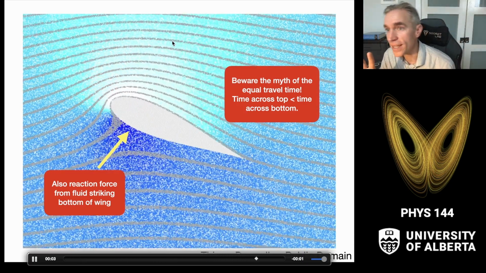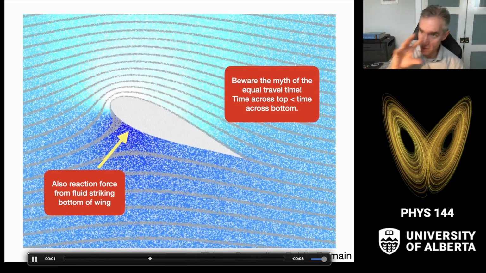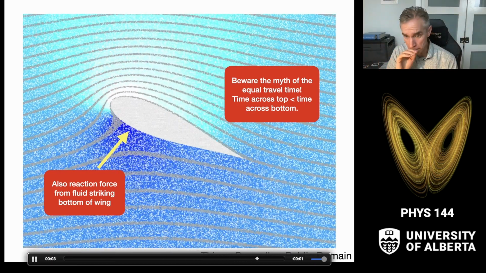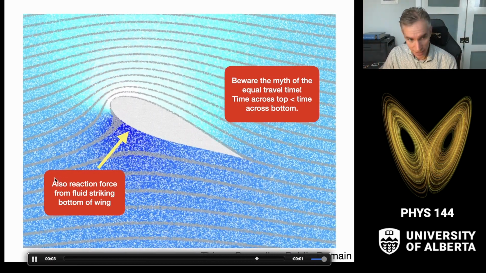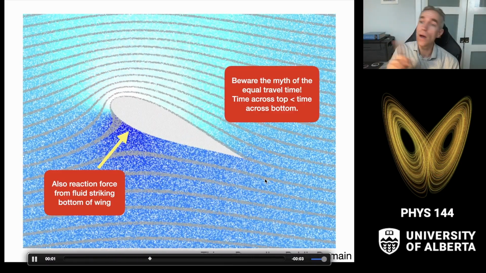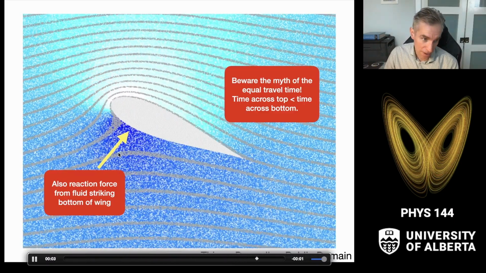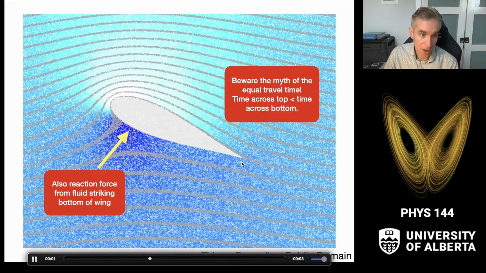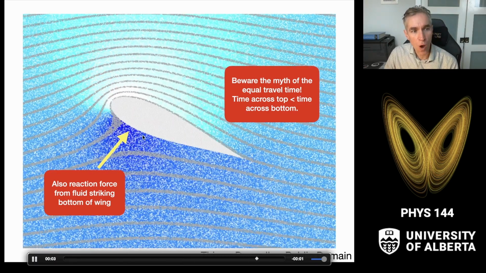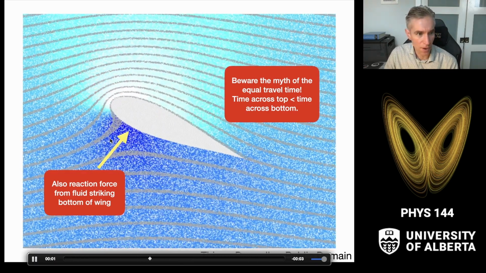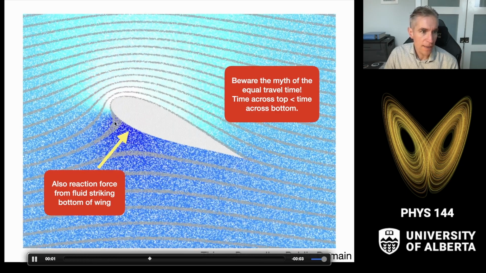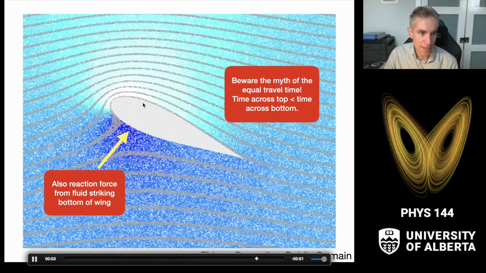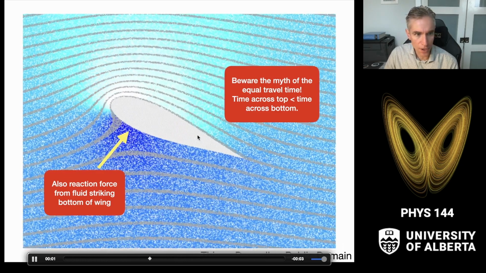The other thing is that the laminar criterion doesn't mean that the time to travel across the top of the wing and the time to travel across the bottom of the wing are the same. If you watch the particles over time, it would take longer for a particle to go from this contact point along the bottom of the wing than it takes for a particle that goes across the top of the wing to go all the way around to the end.